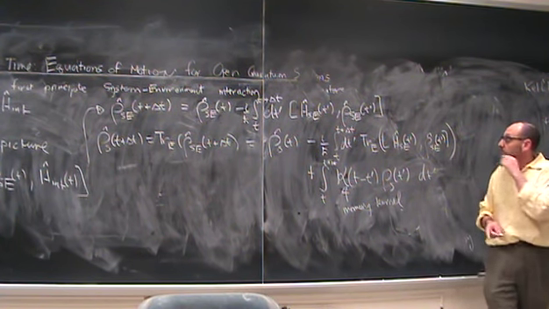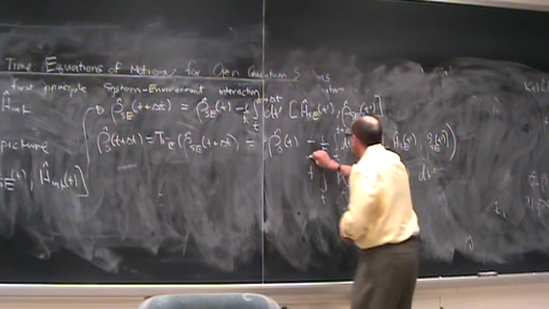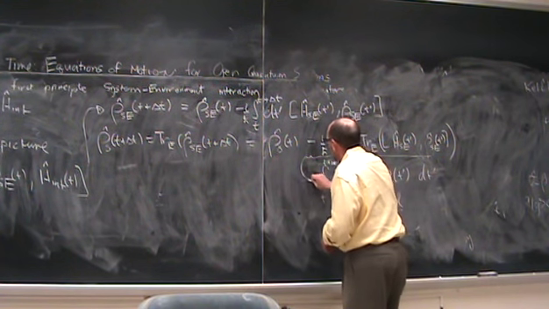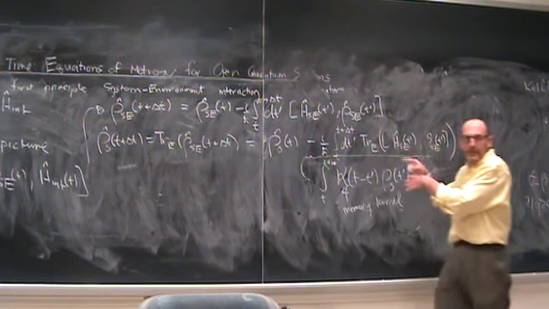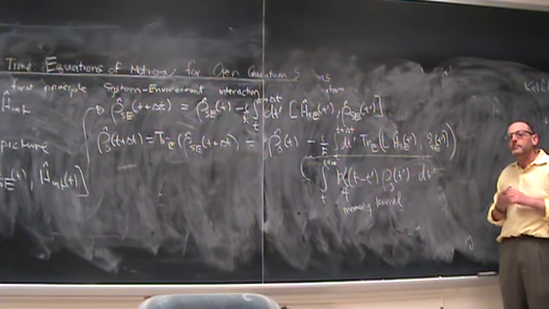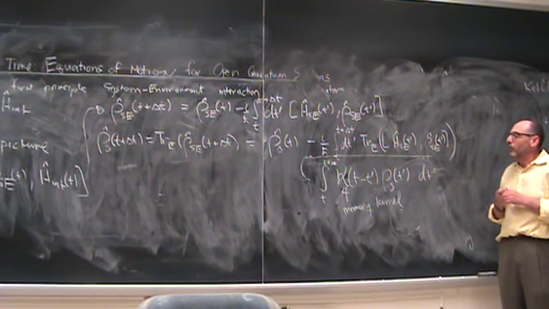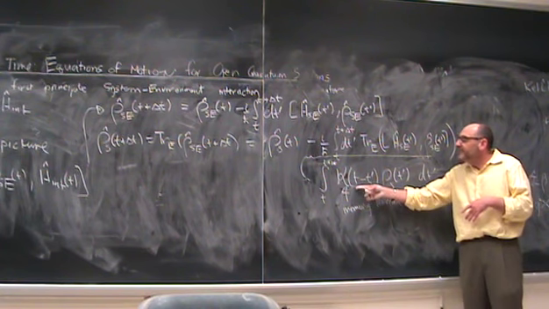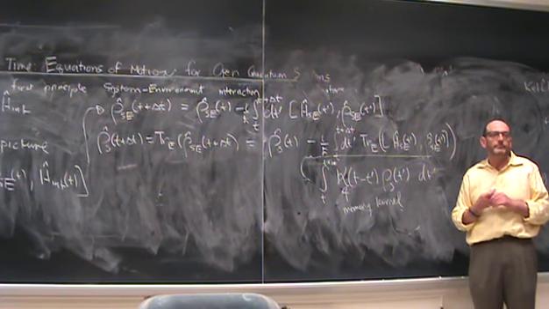I'm sorry, I'm saying this could be approximated this way. This is the more generic form. But the Markov form is an approximate form where this is essentially a delta function.